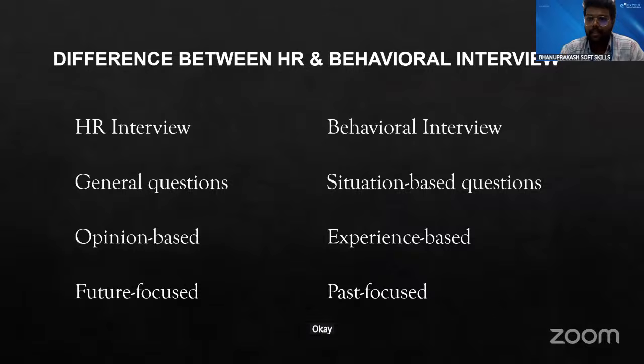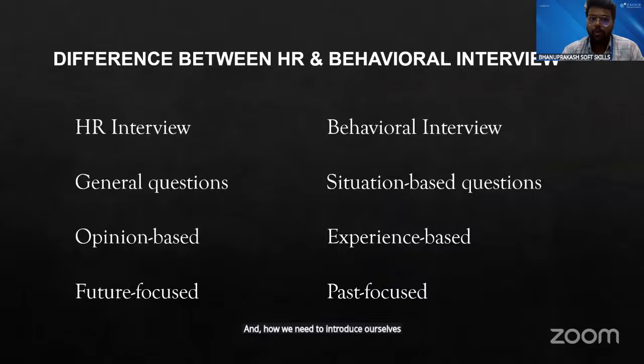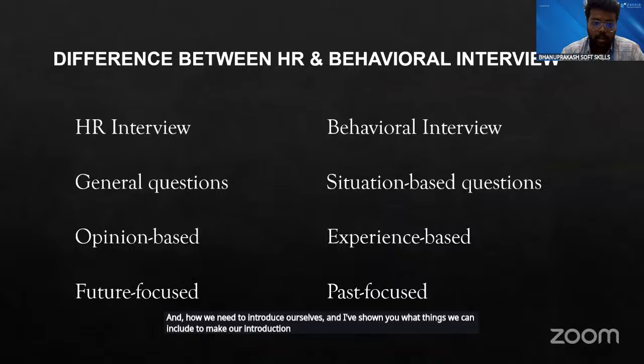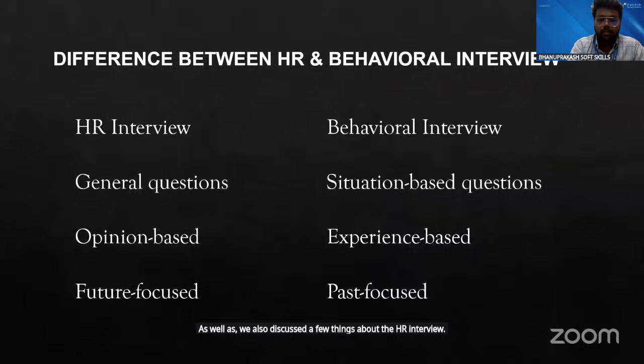Okay. I think we discussed a few things related to the personal introduction yesterday and how we need to introduce ourselves. And I've shown you what things we can include to make our introduction a long introduction, as well as we also discussed a few things about the HR interview, right? I think we discussed the differences.